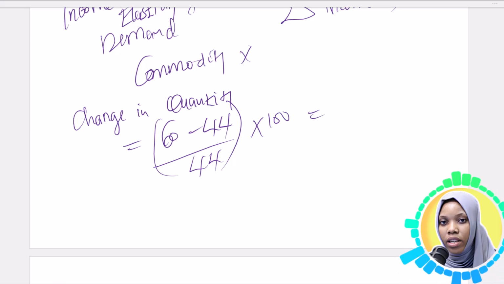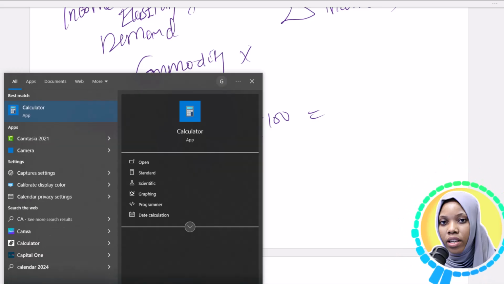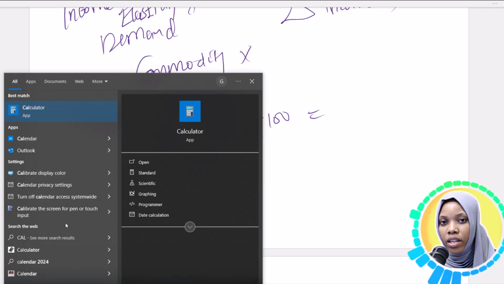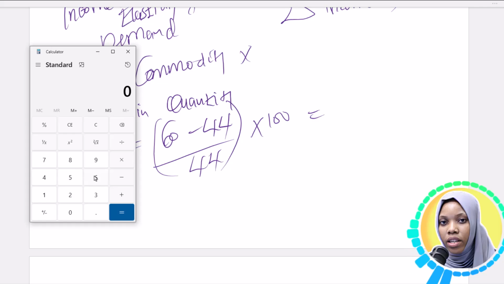Let's find our calculator first. So we say 60 minus 44 divided by the initial, and then multiply by 100.